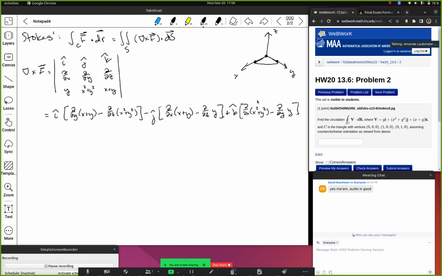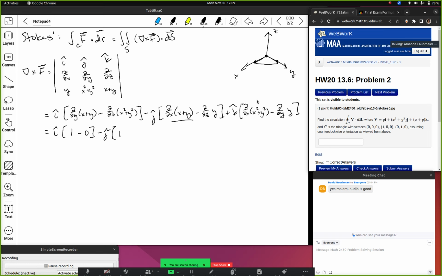And I just have to take those partials and simplify everything. So the derivative with respect to y of x plus y is 1. And the derivative with respect to z of x squared plus y squared is 0. The derivative of x plus y with respect to x is also 1.